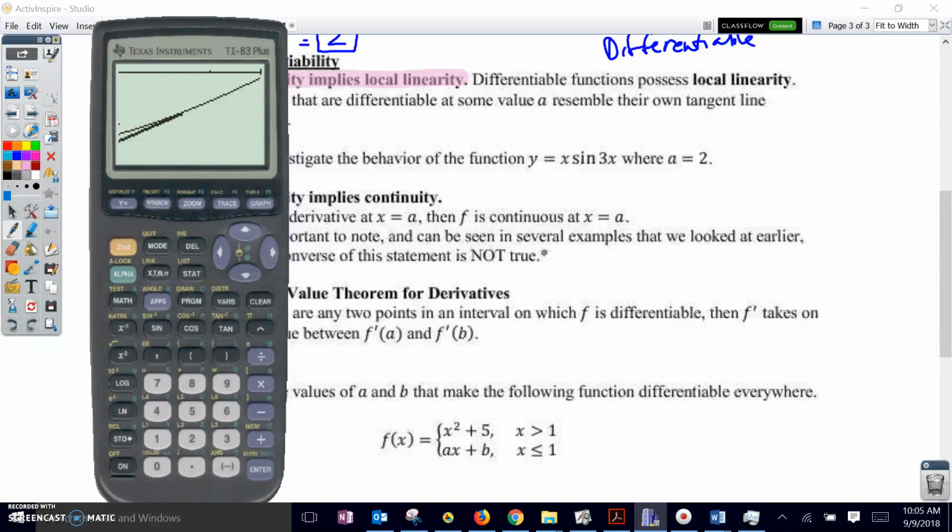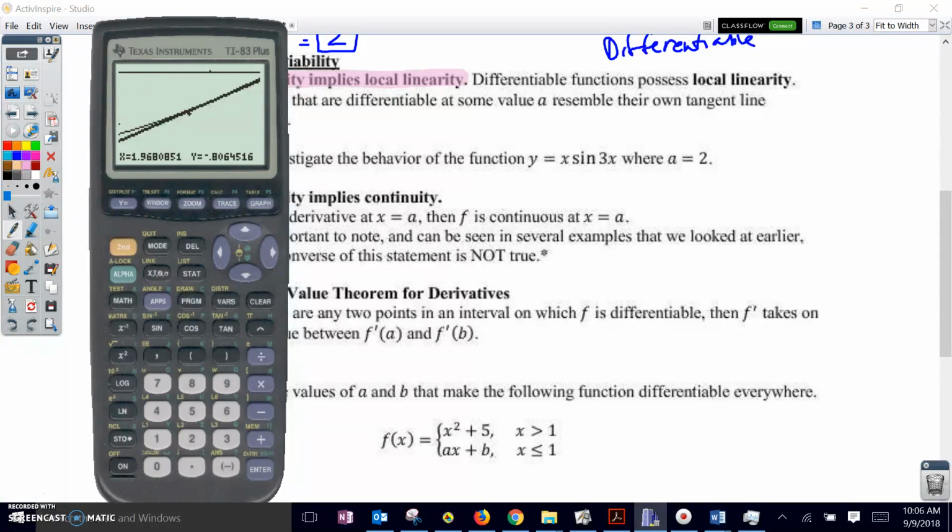And as we get closer and closer to 2, where you see those two touching, you see that the curve and the line almost overlap with one another. And that's what local linearity means. The function behaves like a line close to any particular point. It looks a lot like its tangent line.